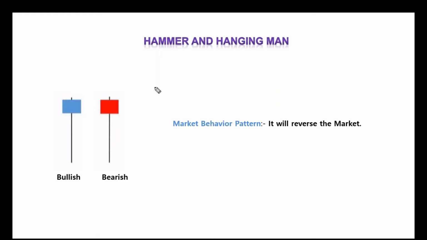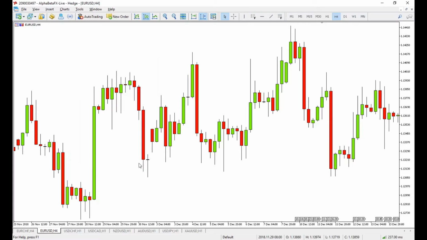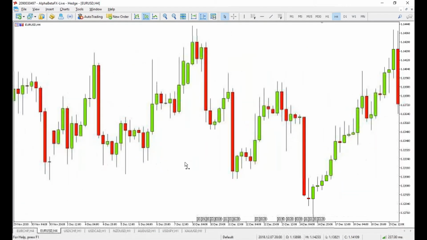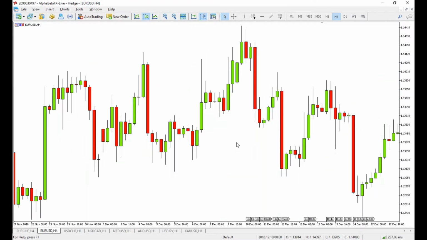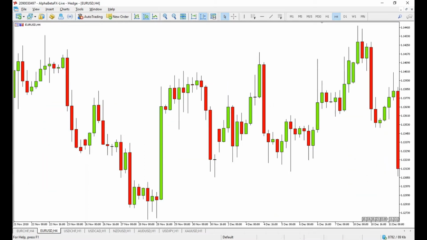So let's see our MT5 and try to figure out our hammer and hanging man. If the candle is created in a downtrend, it will be called a hammer. If it is created in an uptrend, it will be called a hanging man.